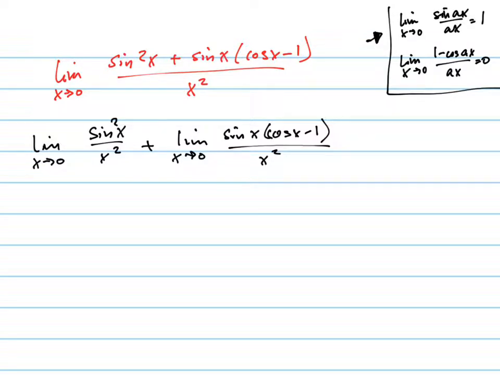And I can see right away on this first one here, I can just rewrite this as the limit as x goes to 0 of sine x over x times sine x over x. And I could just break them both up, and then that whole thing would just equal 1, because each of those just equals 1. Or you could think of it as, that's the easiest way to think of it.